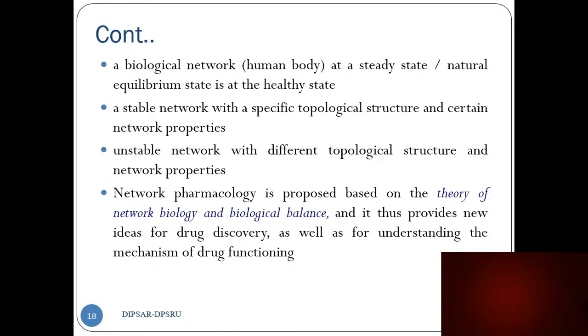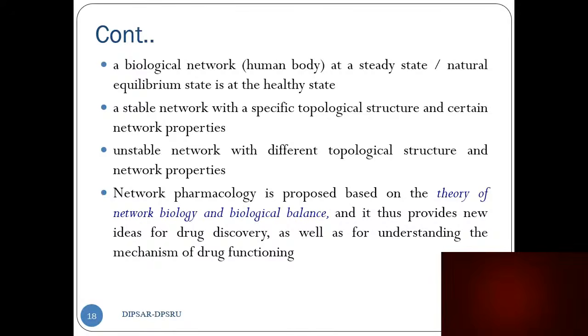So, first you have to understand about disease as a stable network with a specific topological structure and certain network properties. First you have to understand how proteins and metabolites interact with each other in normal states.